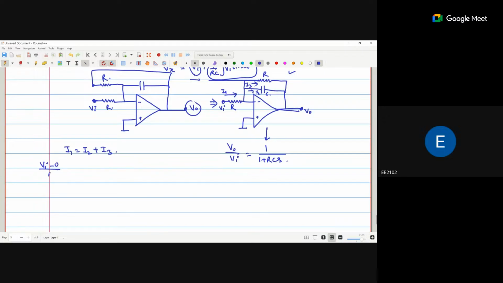Vi minus 0 by R, because this point voltage is 0 volts because of virtual ground, is equal to 0 minus V naught by R, that is I3, plus 0 minus V naught by 1 by Cs, that is I2.